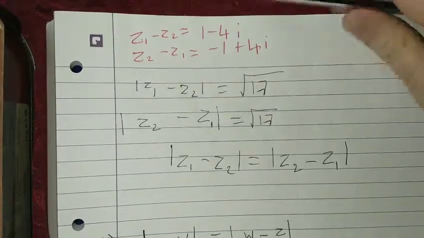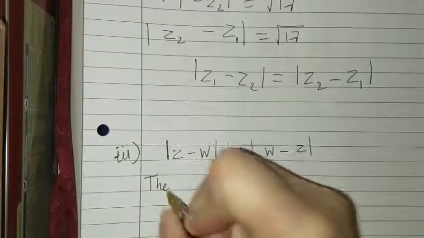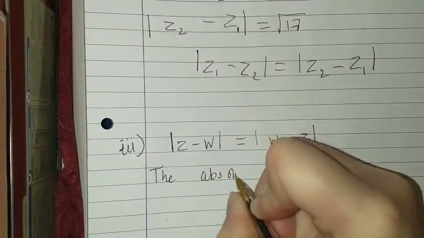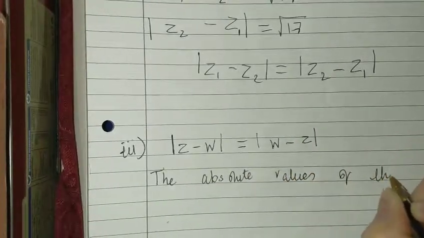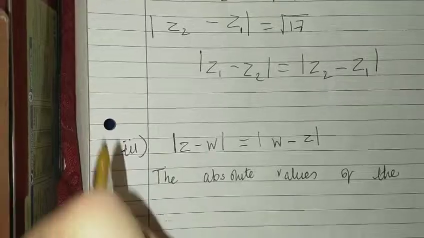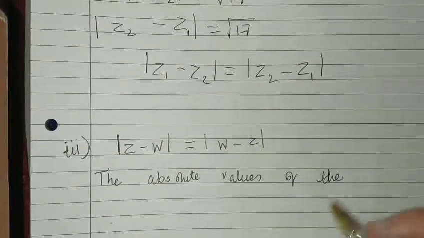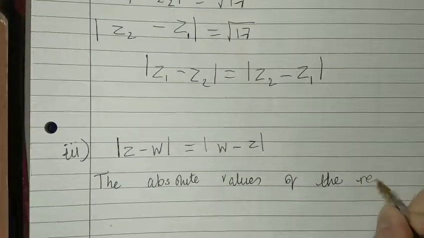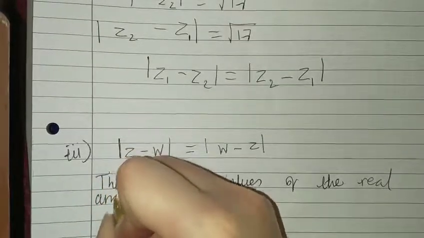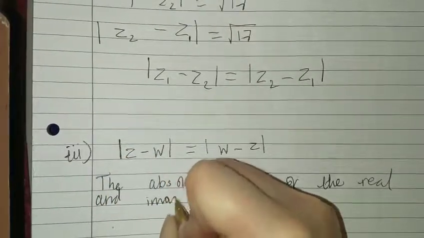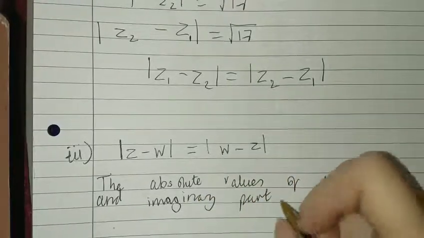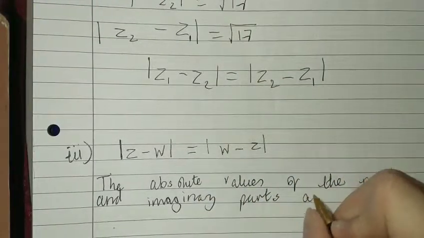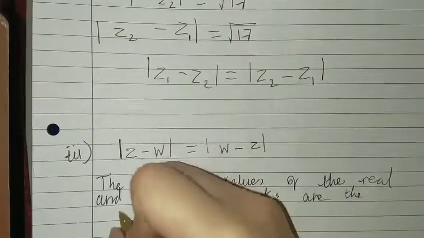So the absolute values for the real and the imaginary parts are going to be the same, because when we square a positive number, it stays positive, and if we square a negative number, it becomes positive. So they'll be the same for the real and imaginary parts, and the absolute value, meaning the modulus, is the same.